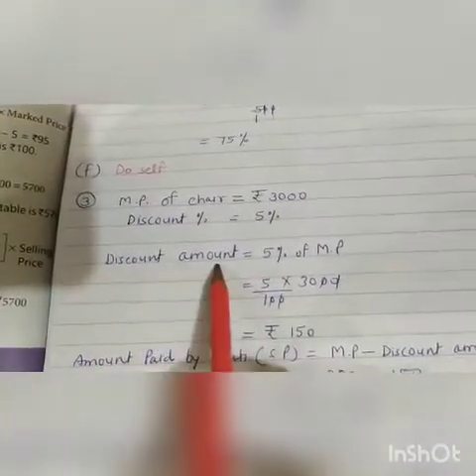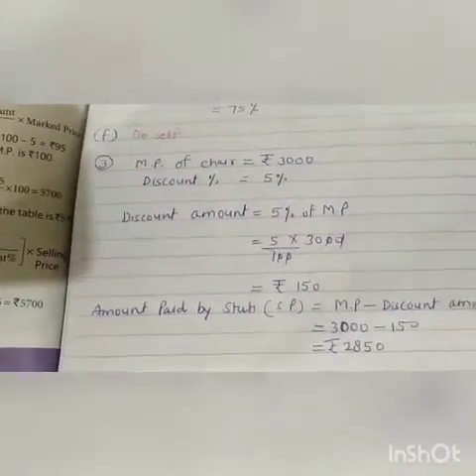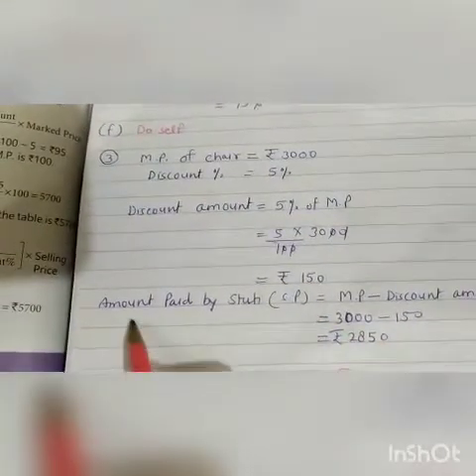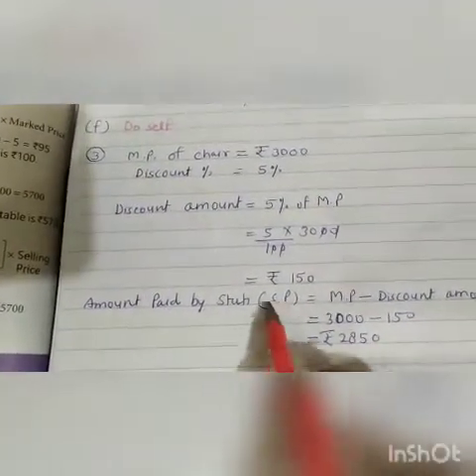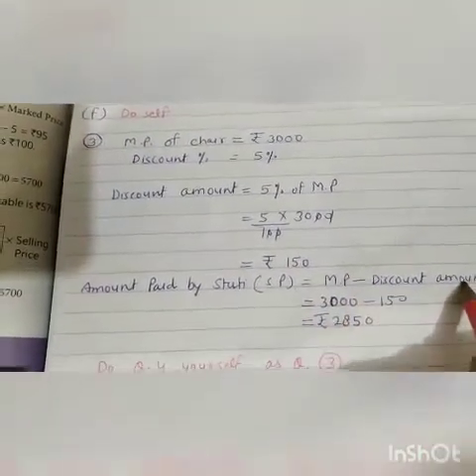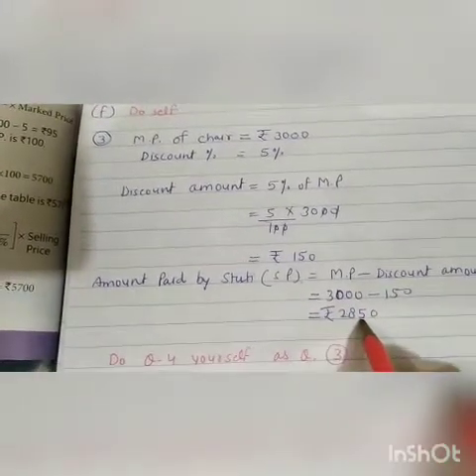What is the amount of discount? 150 rupees. It means Stuti got 150 rupees discount. So amount paid by Stuti, that is selling price, is equal to mark price minus discount amount. So 3000 minus 150 is 2850.